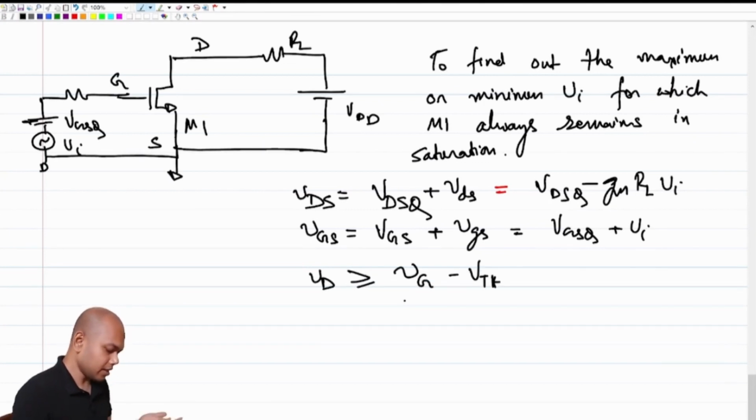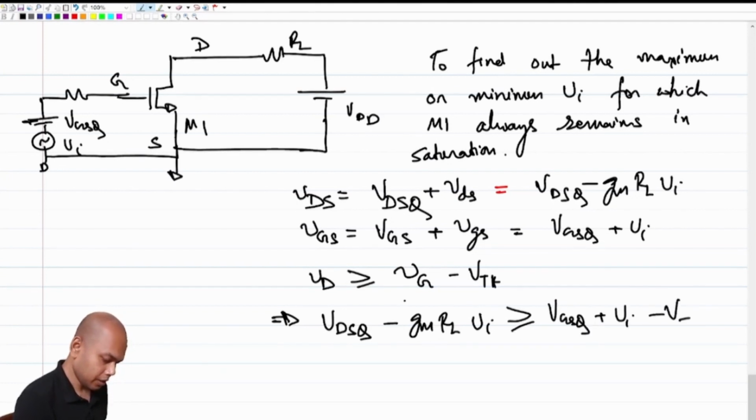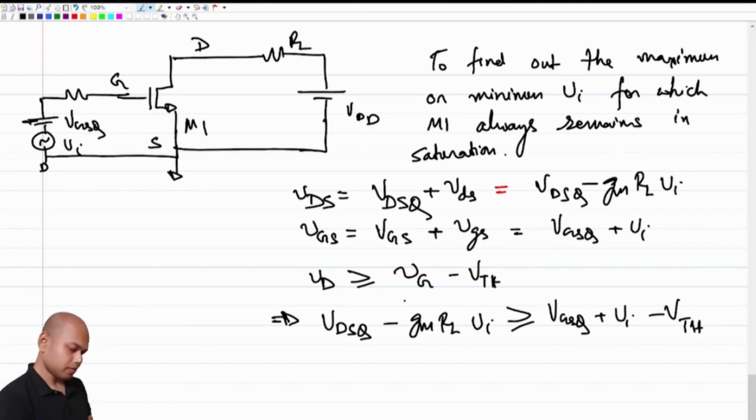So since this is the case, I need not even bother about source, but in this example the source is grounded, so it doesn't really matter whether I am expressing in terms of VDS, VGS, or only VD or VG, which essentially gives us the condition that VDSQ minus GM times RL times VI should be greater than VGSQ plus VI minus the threshold voltage, right?